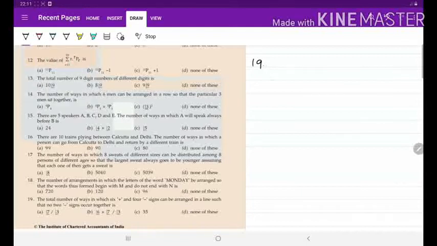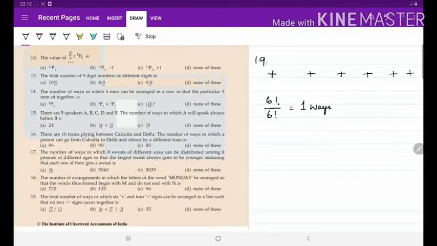Now let's mark the 6 positive signs first. These 6 positive signs are identical objects, which can be considered as a repeating permutation, which can be done in 6 factorial by 6 factorial ways, which is 1 way.